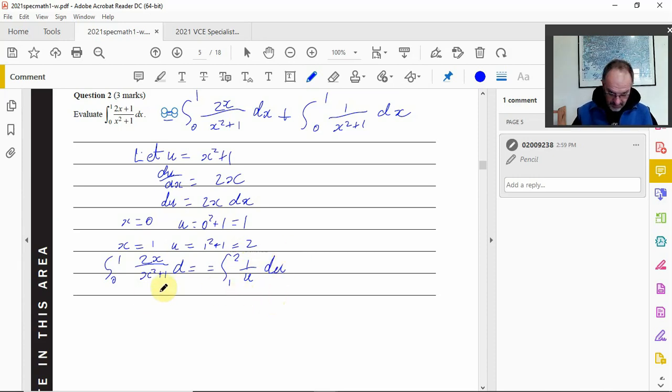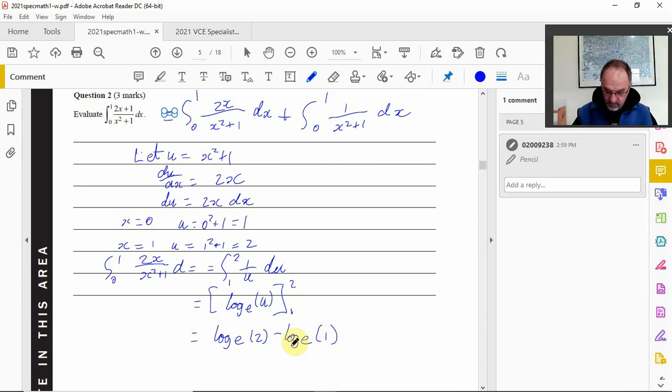All right, and so when I anti-differentiate that, that's log to the base e of u from 1 to 2, and so that's log to the base e of 2 minus log to the base e of 1.